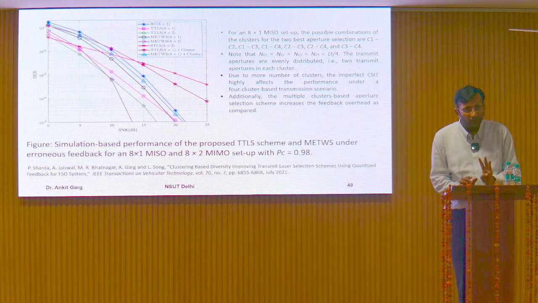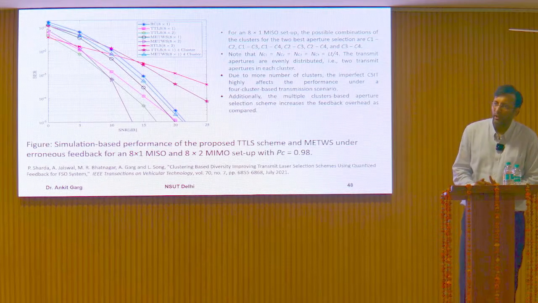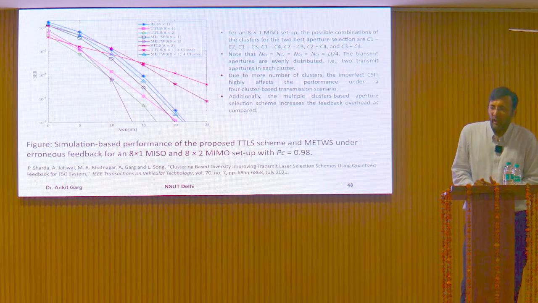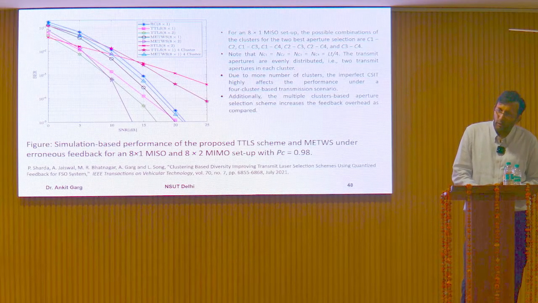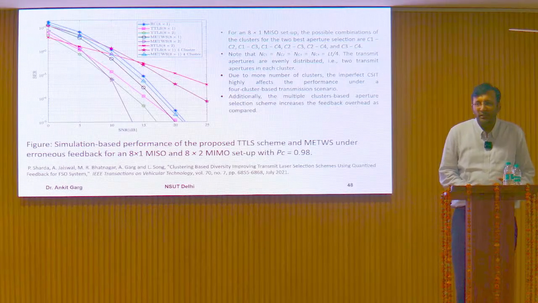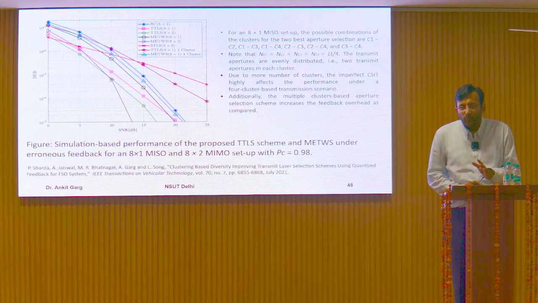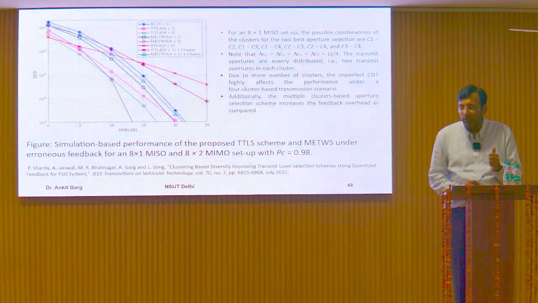We have 3 scenarios. One where we don't have any channel state information. Second, where we have full channel state information. Third, we have partial channel state information. Partial channel state information provides performance between these two, where we don't have channel state information and where we have full channel state information.